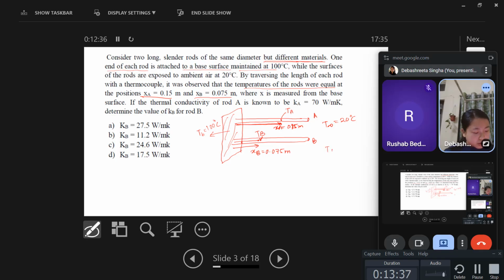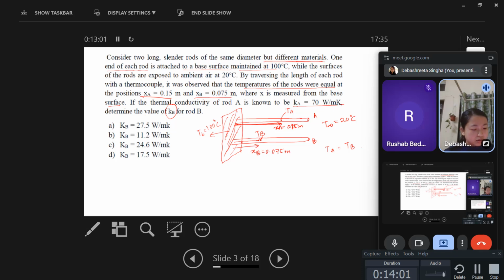So TA is equal to TB, where x is measured from the base surface. So x is measured from this base surface. If the thermal conductivity of rod A is known to be Ka equal to 70 watt per meter Kelvin, then determine the value of Kb.